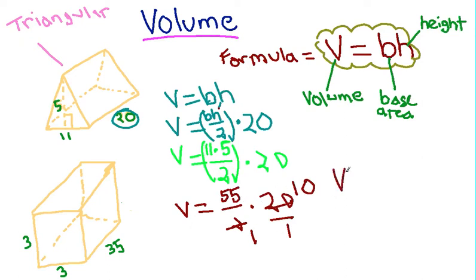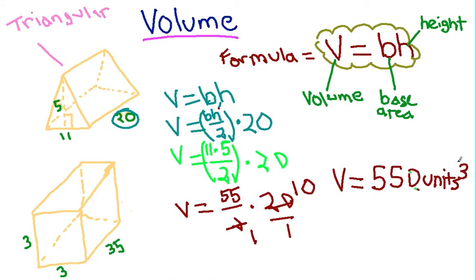So the volume is equal to 550 units, since no unit was specified. Units cubed, because we're finding a three-dimensional value, so it's cubed, or 550 cubic units is another way to put it.